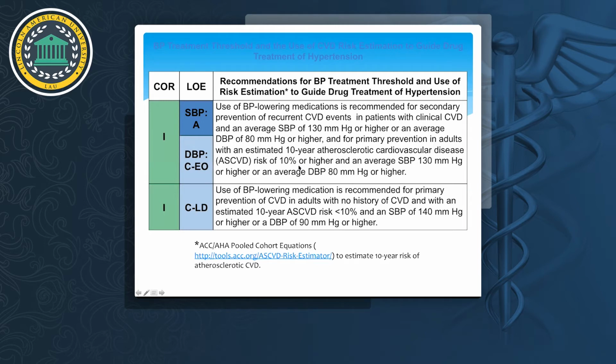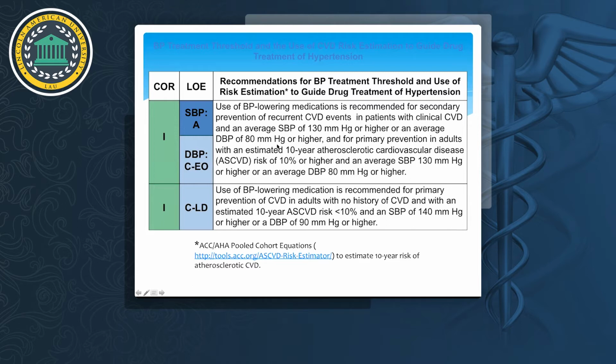You have to send him for lifestyle modifications. So anyone whose blood pressure is greater than 130 but less than 140 and has ASCVD risk of less than 10%, he doesn't need to have BP medications. So for them, lifestyle modification is recommended.